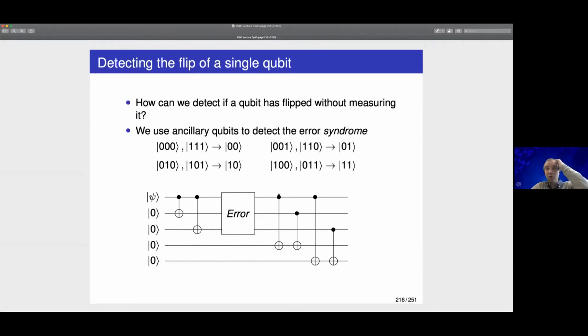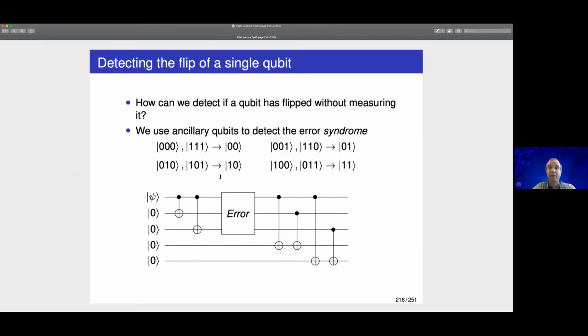Okay, so notice that if both of them are 0, then we are not going to apply the NOT gate here. So we are going to have 0 again. If both of them are 1, then we are going to flip the qubit to 1 with this CNOT, but we are going to flip it back again to 0 with this CNOT.